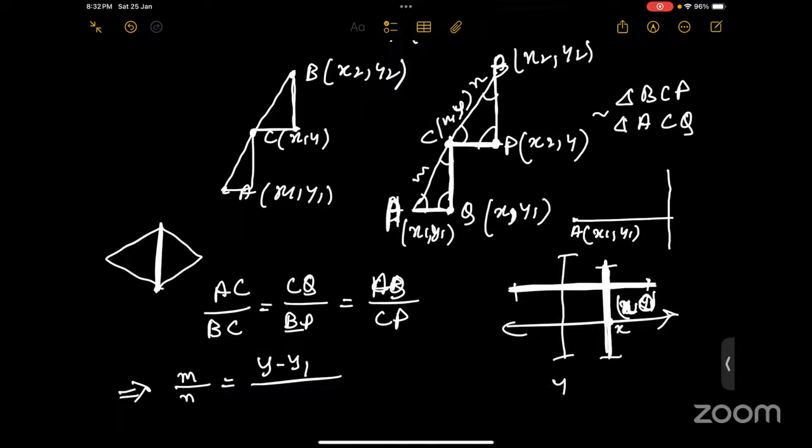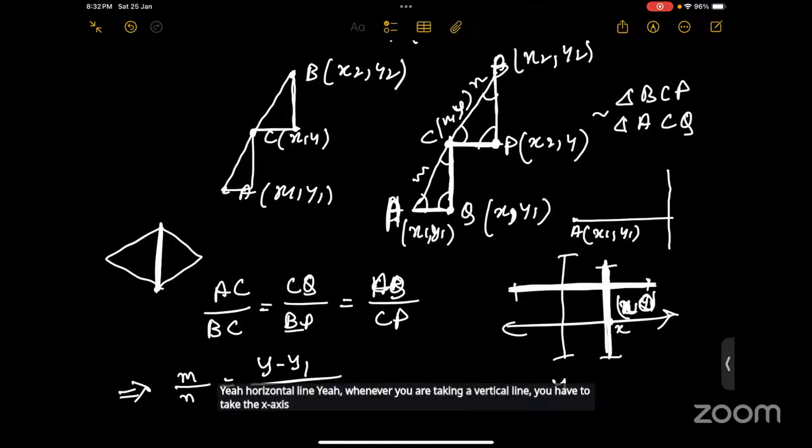For a horizontal line we have to take the y-axis. Whenever you are drawing a vertical line, you have to take the x-axis from that point, and whenever you are drawing a horizontal line from some point, you have to take the y-axis from that point.